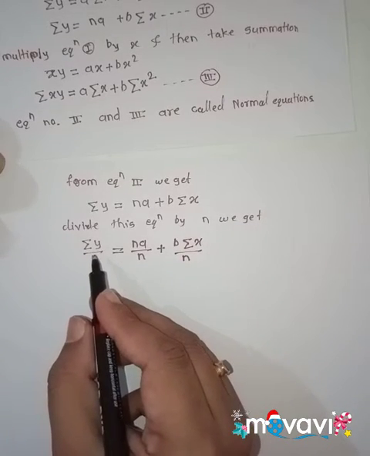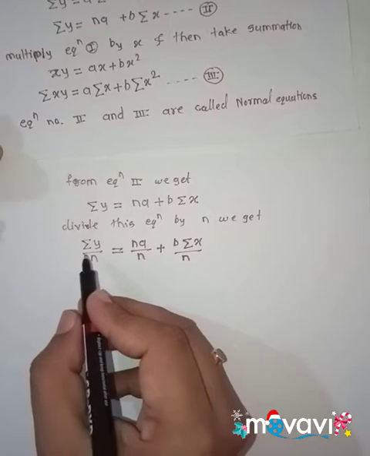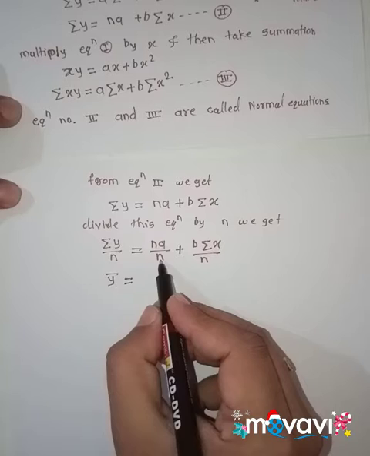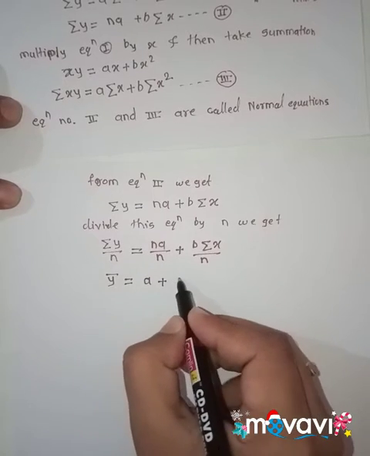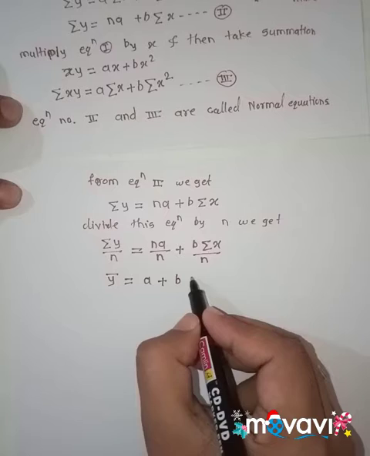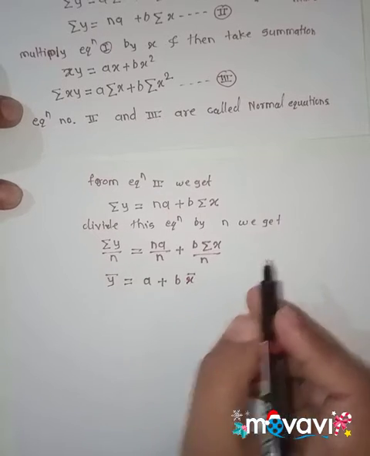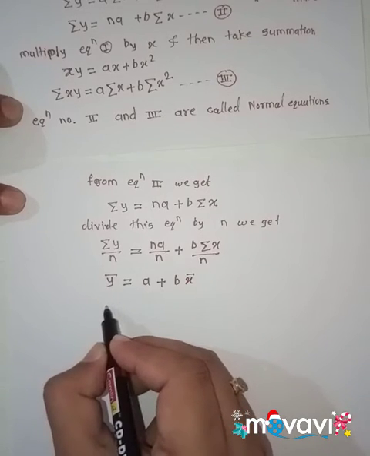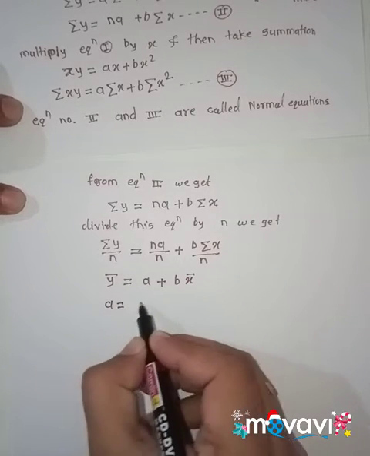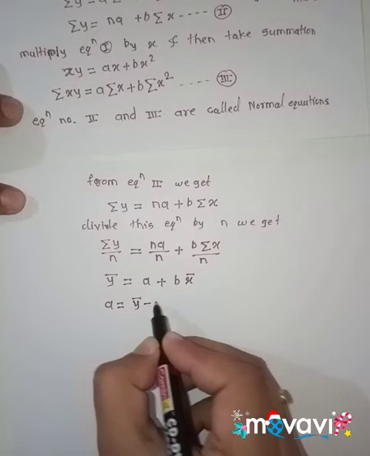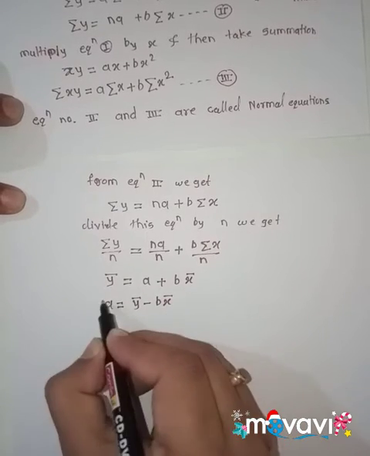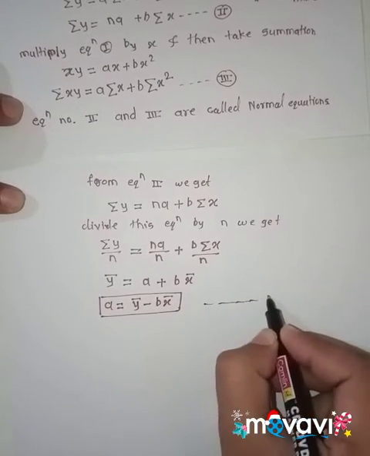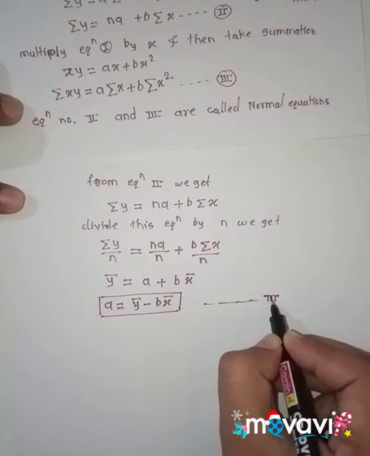We know that summation y upon n is nothing but y bar. This n is cancelled with this n, so here a plus b. Here summation x upon n is x bar, so we get y bar is equal to a plus b x bar, or we can write a is equal to y bar minus b x bar. This is the value of a. Suppose this is equation number 4.